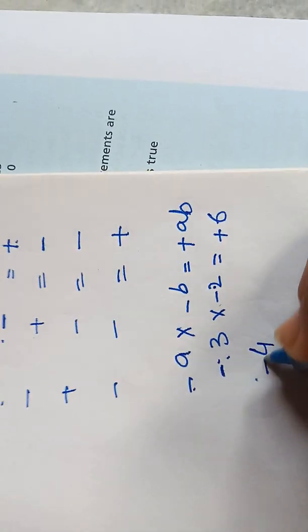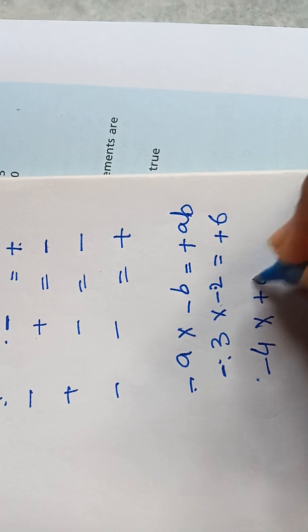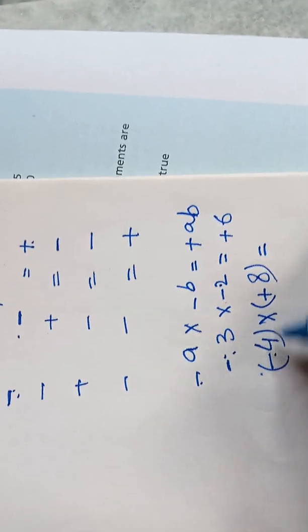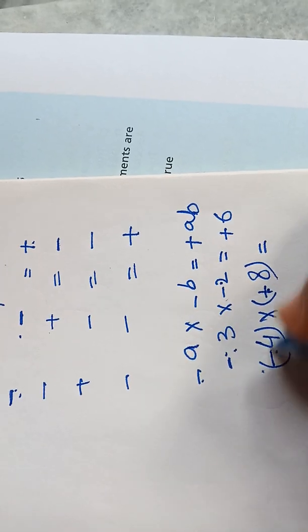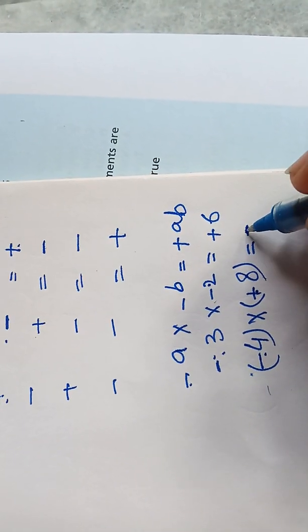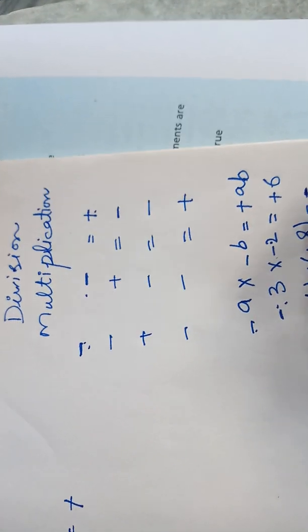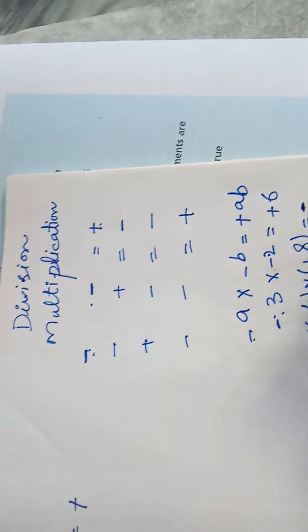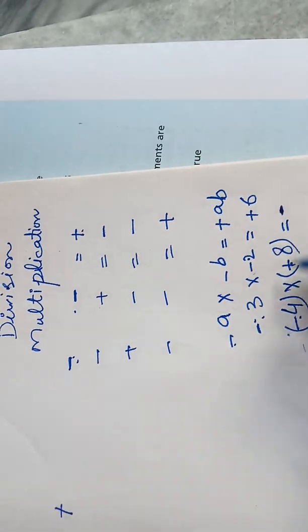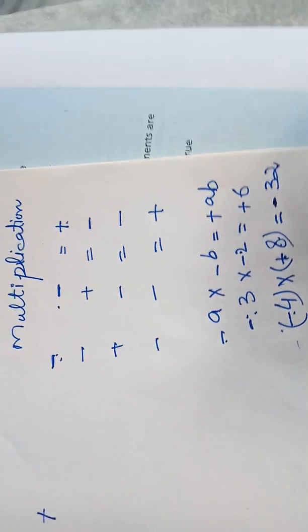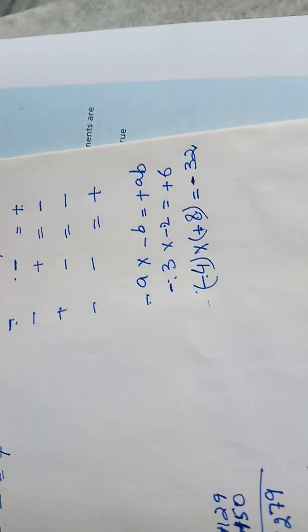If we multiply minus 4 by plus 8, one is minus, one is positive, minus plus minus, so the sign will become minus. In case of multiplication and division, the sign will be changed according to the rule. Minus plus minus, 8 4s are 32 with the sign of minus.